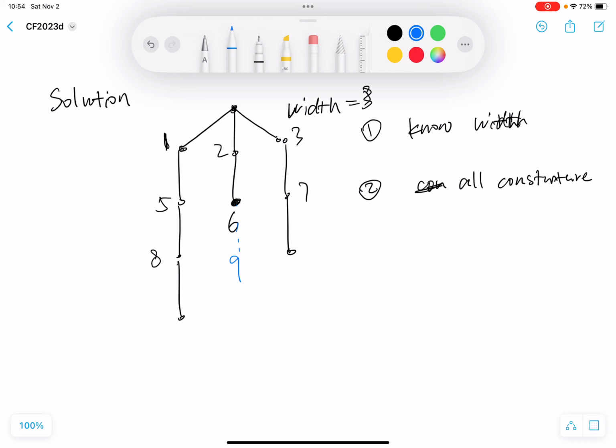But in this constructor of tree, this will be 9. This is actually the position of 9 because there is no node.